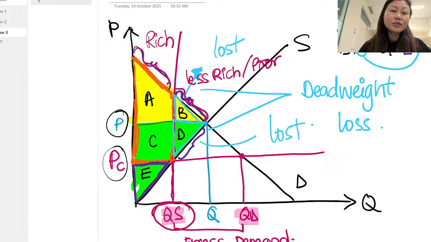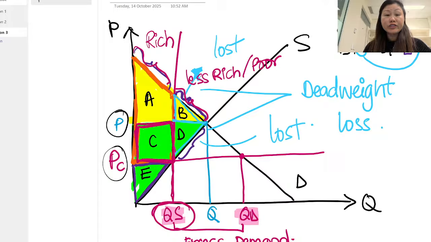So economic analysis suggests that those with high willingness to pay are also the rich. Therefore, the government is helping the rich get richer. They're helping the rich appropriate an extra Sector C that wasn't available to the consumers before.